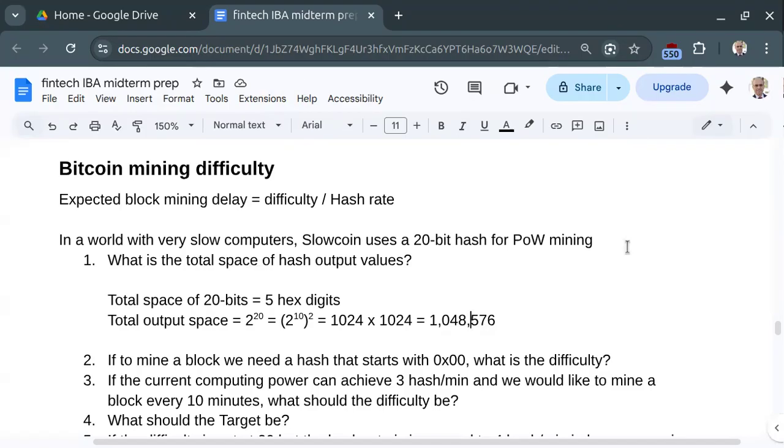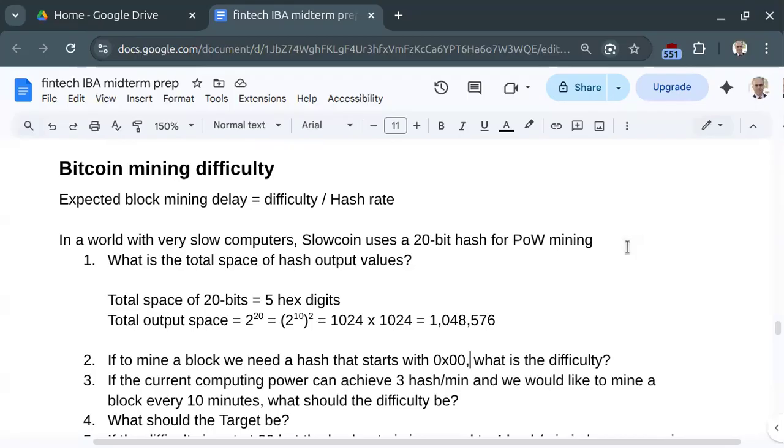Remember, 2 to the 10 is 1 kilo, 2 to the 20, 1 mega, 2 to the 30, 1 giga, 2 to the 40, 1 tera. So that's your total output space, approximately 1 million outputs.